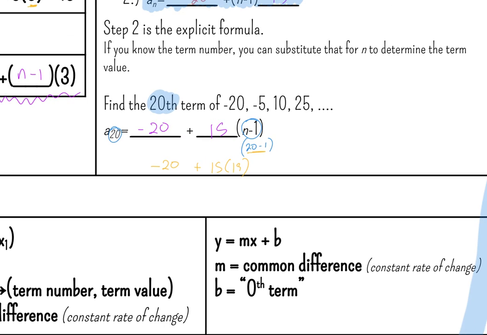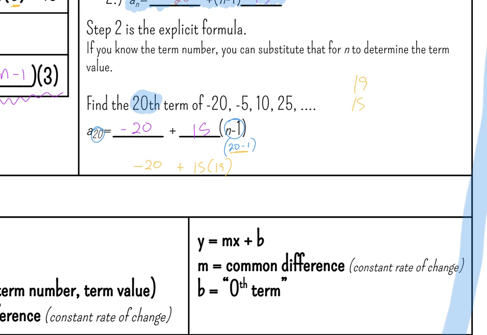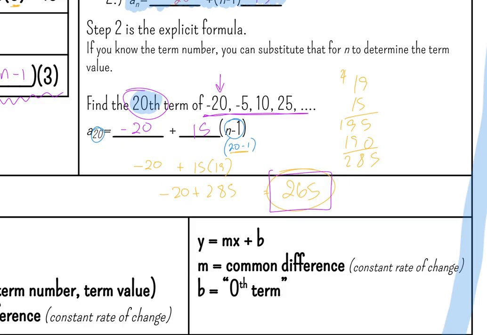Because 20 minus 1. So 15 times 19 is 285, and negative 20 plus 285 is 265. So if you were to start at negative 20 and add 15 and find the 20th position, it would be 265.